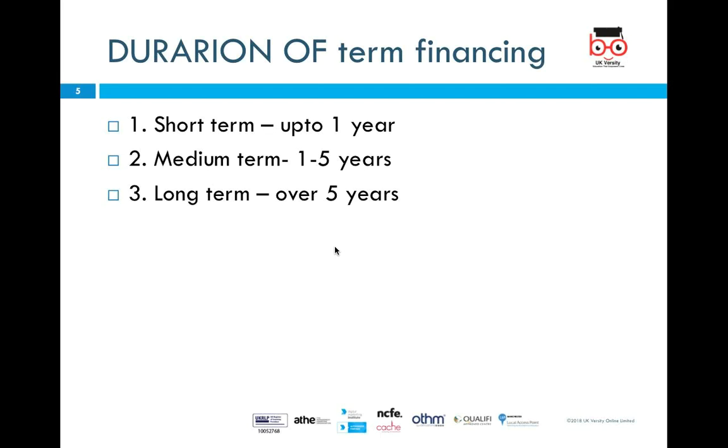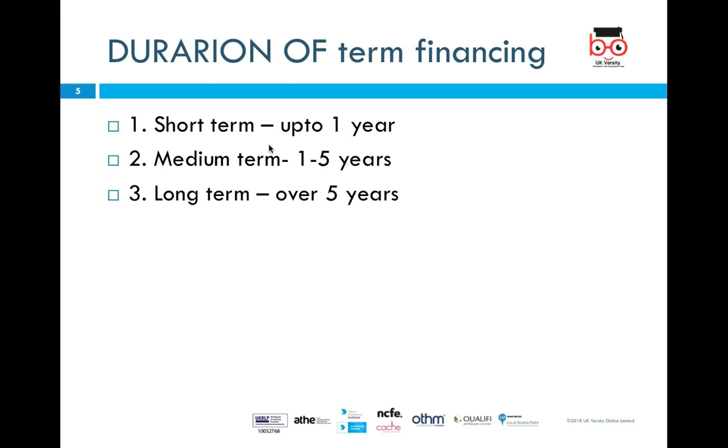Now, if I take the term financing, there is a period. There shouldn't be a long-term unlimited period of repayable time. So definitely there is short-term financing, medium-term financing and long-term financing. If we get the finance over 5 years and need to repay the money over 5 years, that is called long term. If it is 1 to 5 years, it's called medium-term finance.